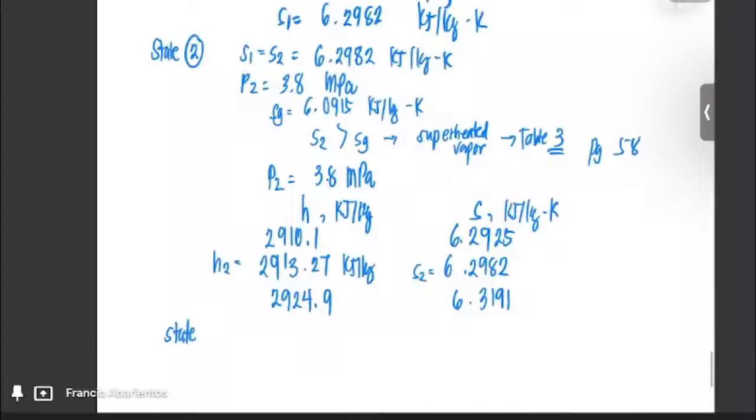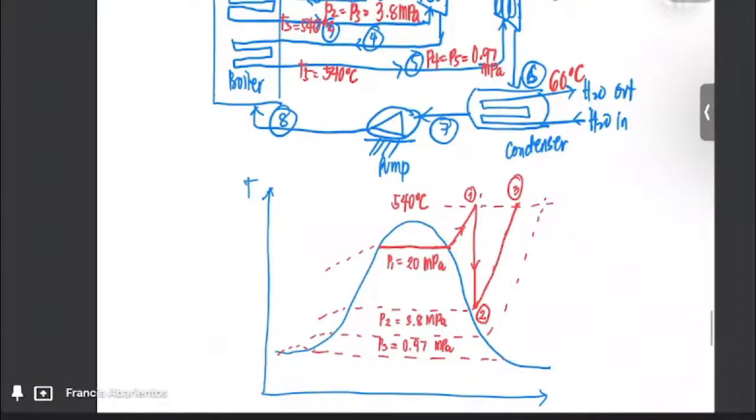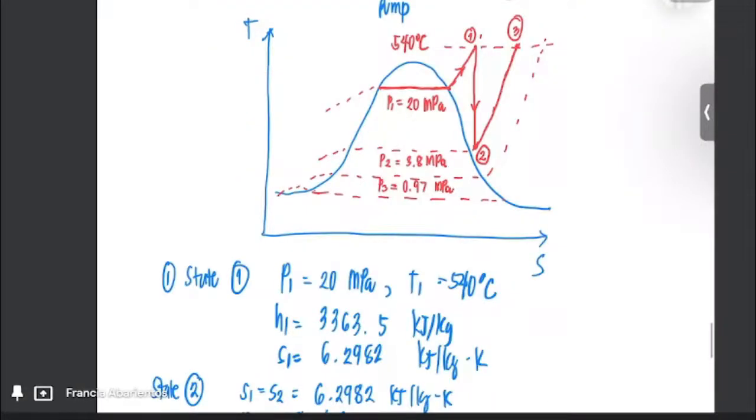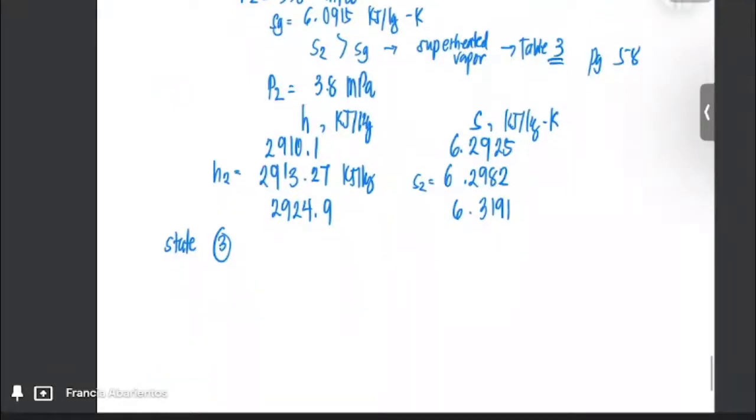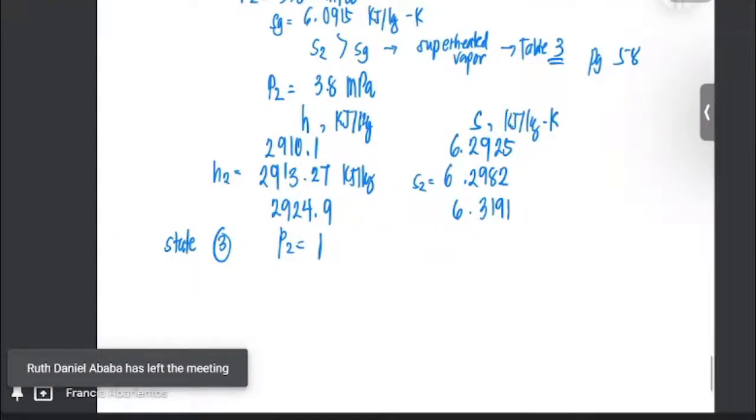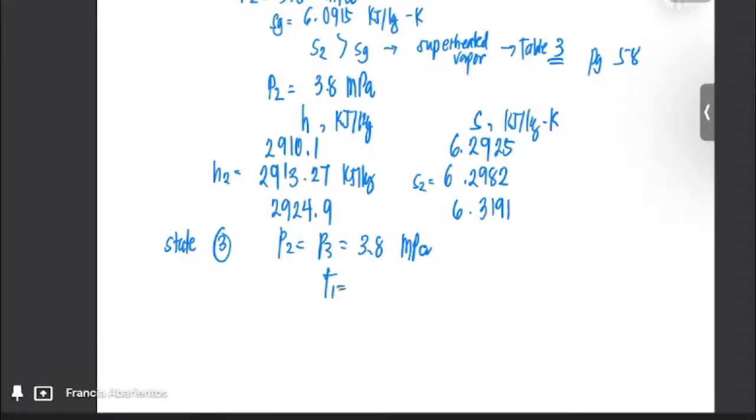So, alam natin sa figure, from 2 to 3, that is a constant pressure, 3.8 MPa. Ano yung temperature natin leaving the reheater? Just equal to 540. So, andun yan sa problem.